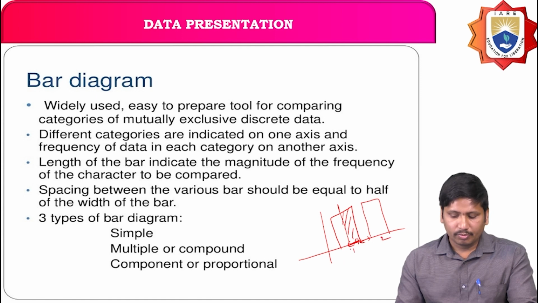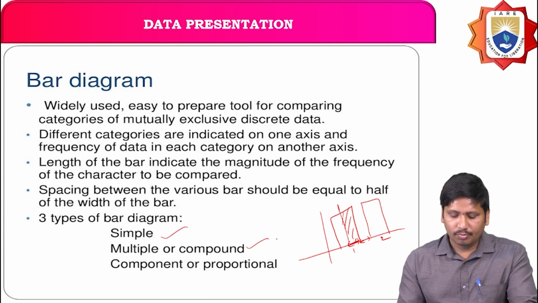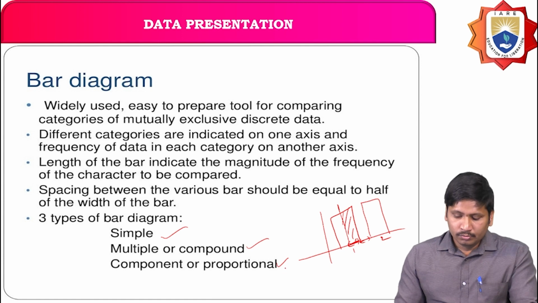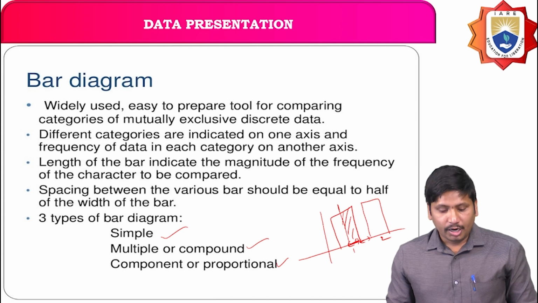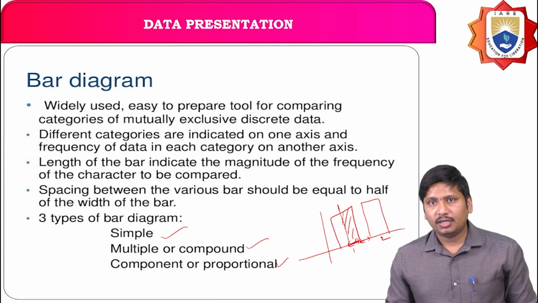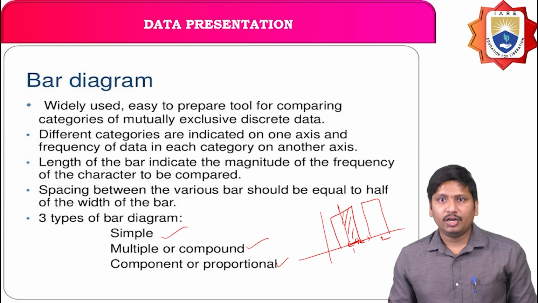And then there are three different types of bar diagram, as I said here: simple, multiple, and component or proportional bar diagram. The bar diagram is an easy one to show the difference or comparison between two variables, and it should be exclusive discrete data. Different categories are indicated on the x-axis, and frequency of data is represented on the other axis.